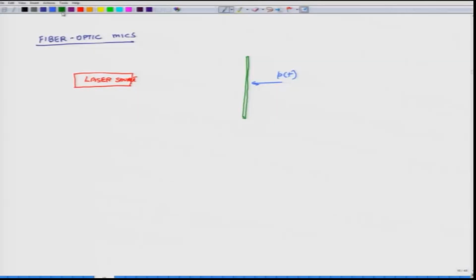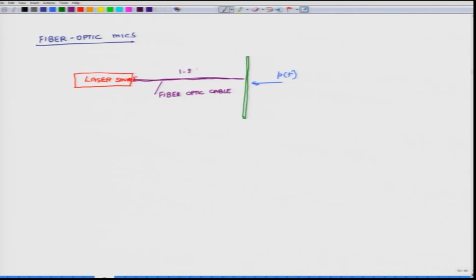Now, what you do is you have a laser source, so it emits a laser ray, and this laser ray is carried through a fiber optic cable. So, they may not be in a straight line, the cable can bend and twist and it can be very far away. Okay. This distance could be 1 to 2 kilometers also.